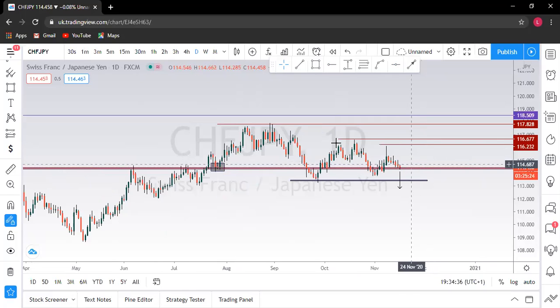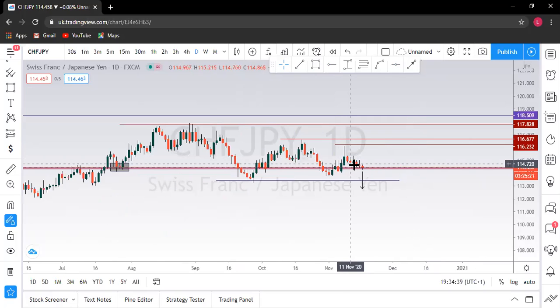So looking at it for the past few days now, the market has been bullish. So let's count the candlesticks. One, two, three, four, five, six. So for like 6 days now, the movement has not been really much.